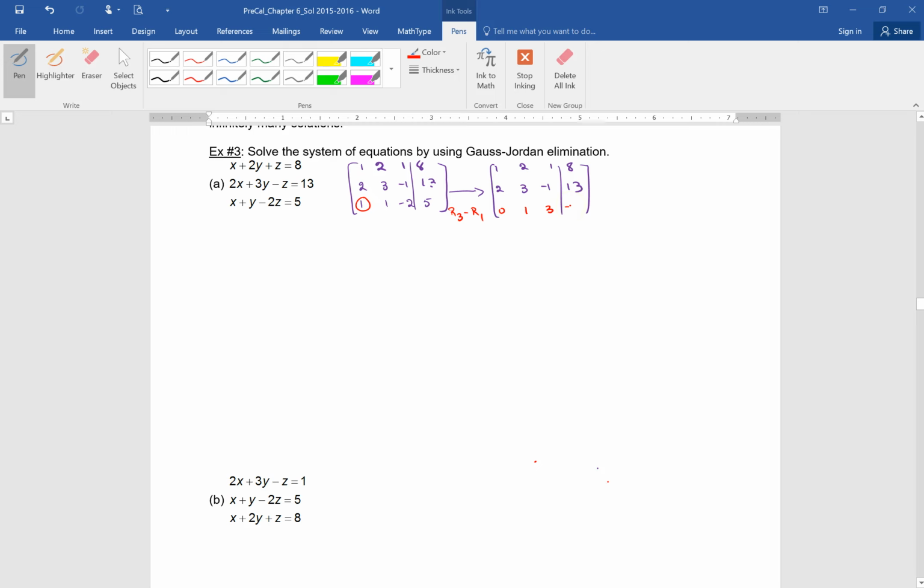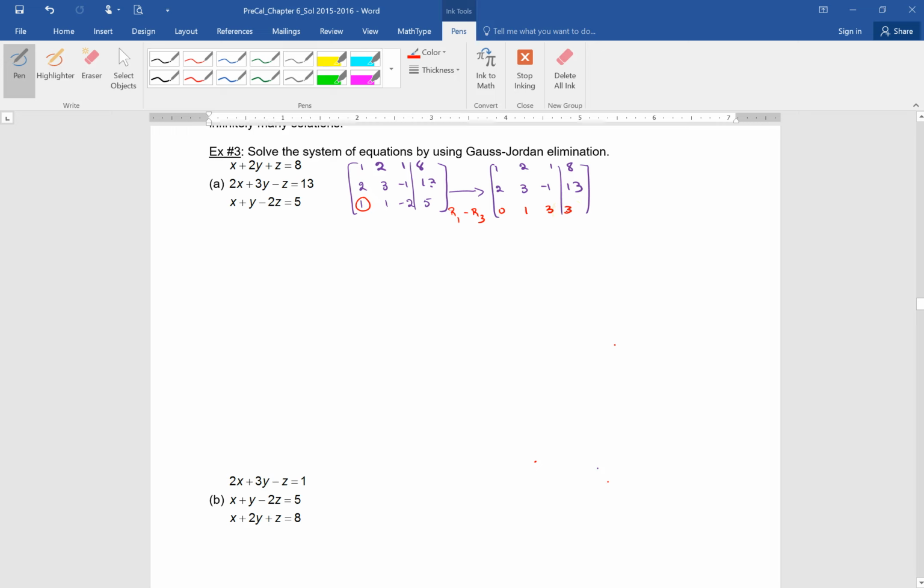Or we could do row 1 minus row 3. So what's 8 minus 5?